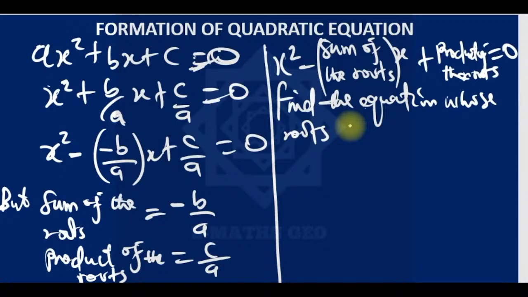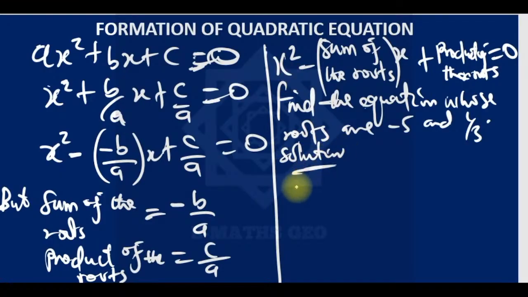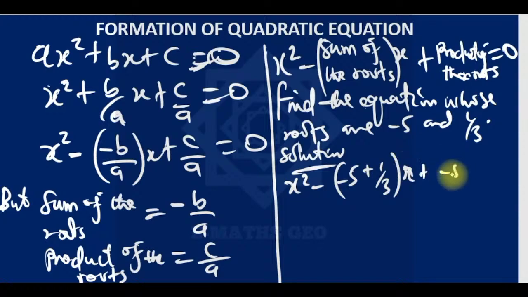are minus 5 and maybe 1 over 3. So without wasting time, our answer is very simple. Using this, it is always x squared minus sum of the roots, minus 5 plus 1 over 3, x plus product of the roots, minus 5 times 1 over 3, equal to 0.